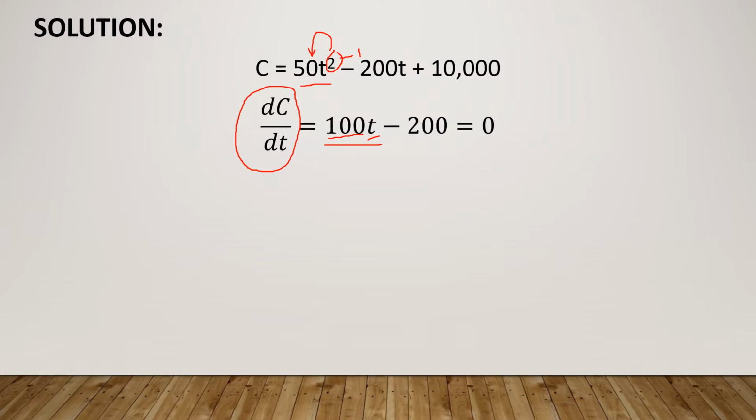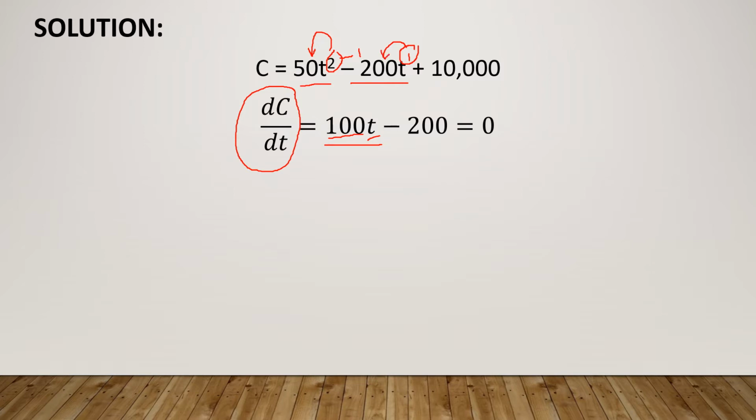Next, for the second term, what will be the derivative of your negative 200t? In reality, there's an exponent here which is equal to 1 in your variable t. Now, we just simply multiply this exponent 1 to your numerical coefficient under your second term, which is 200.